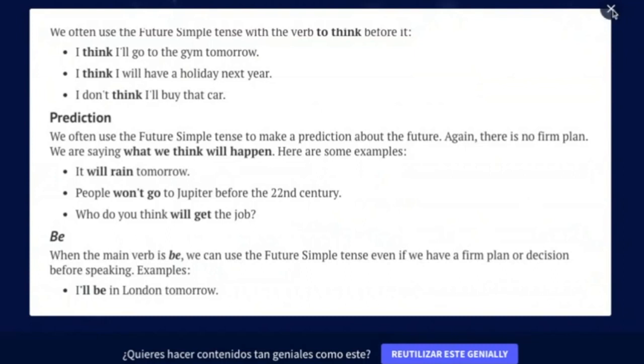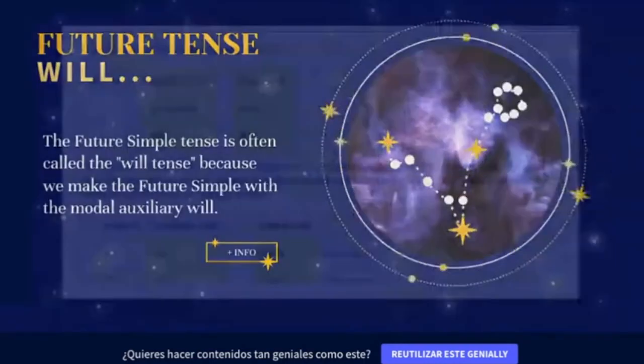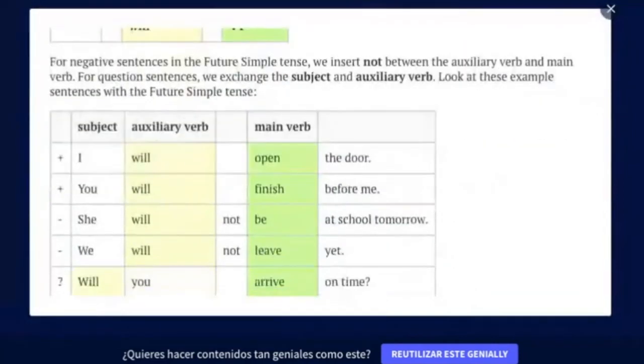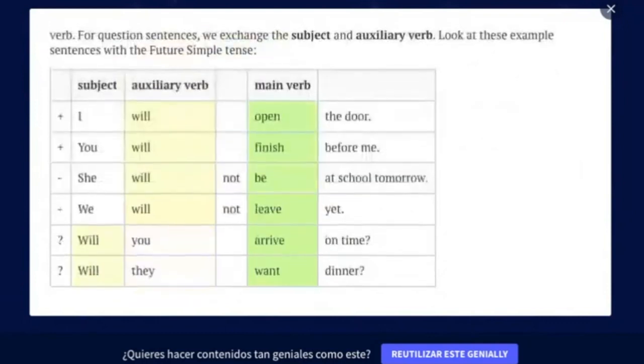Ahora, now, what are the structures for this? I think here is the structure. So, in here we have, sorry guys. So the structure for the future tense are three structures: affirmative, negative, and interrogative.